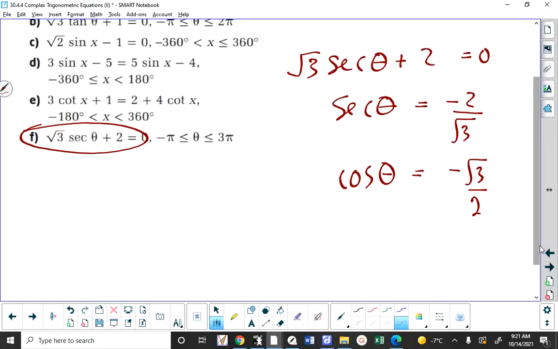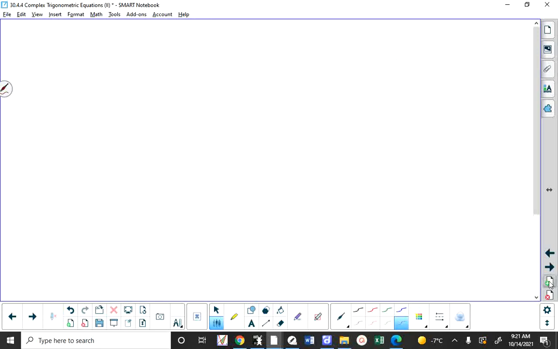So in my mind, not everybody is going to be doing this because I see a lot of you going to your calculator right away to find a reference angle. In my mind, I recognize root 3 over 2 as one of those special coordinates on the unit circle. And it's negative root 3 over 2 and it's cosine, which means x.